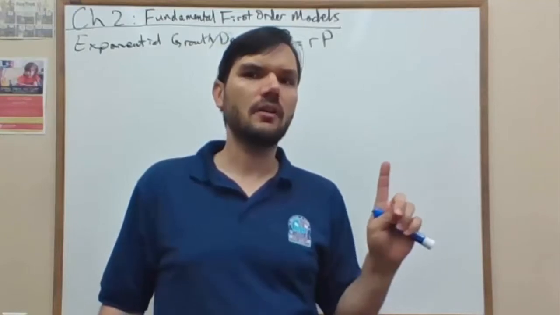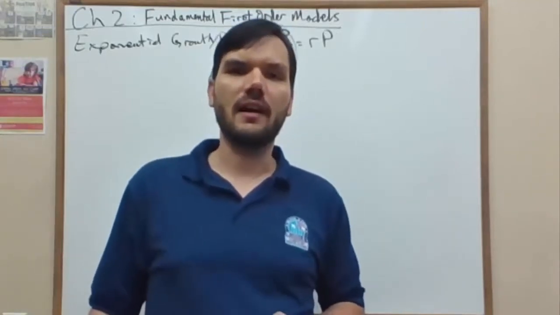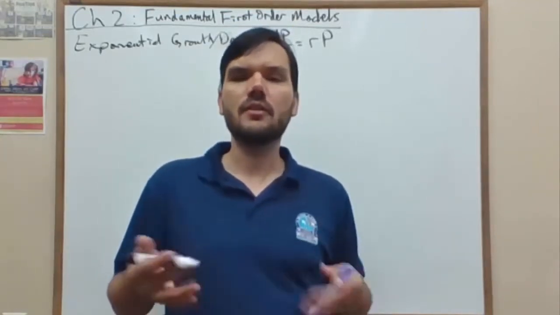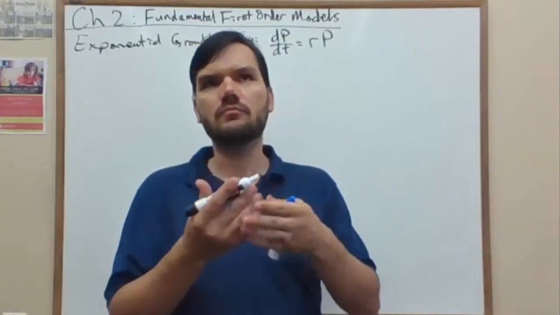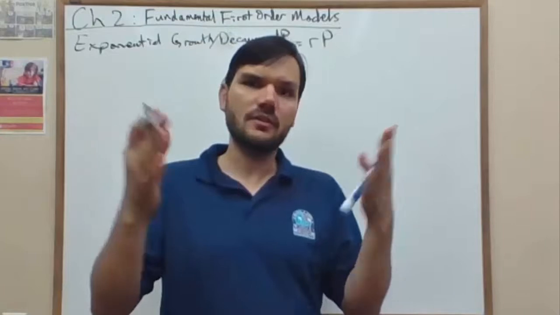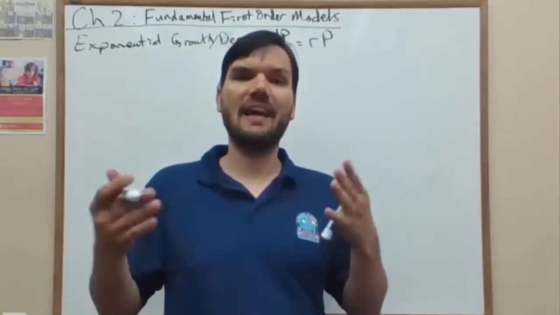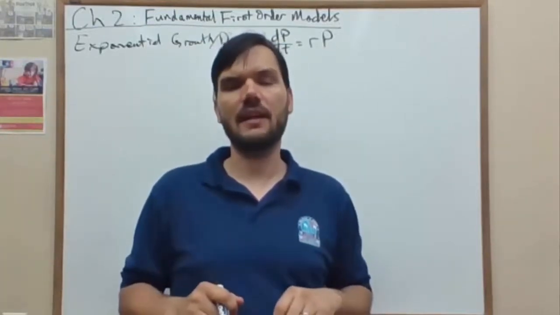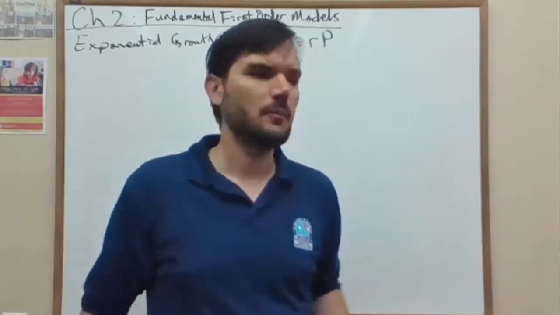This exponential model also works to describe the nuclear reactions that involve isotopes that reduce down after a certain amount of time, that have a certain half-life, isotopes that decay.